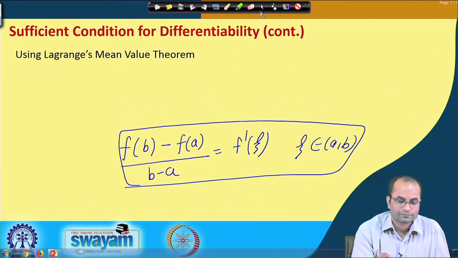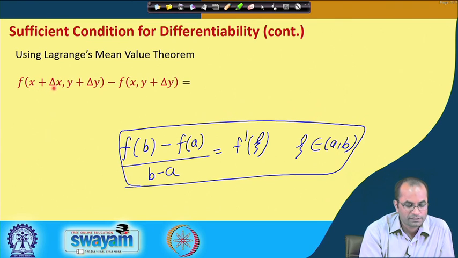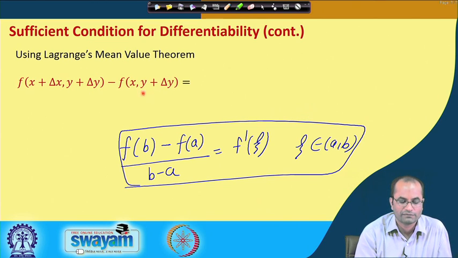Now we use this Lagrange mean value theorem for this difference here. Notice that here we have f(x plus delta x, y plus delta y) and f(x, y plus delta y), so y is unchanged, y plus delta y in both. This is with respect to x only, the change is in x.